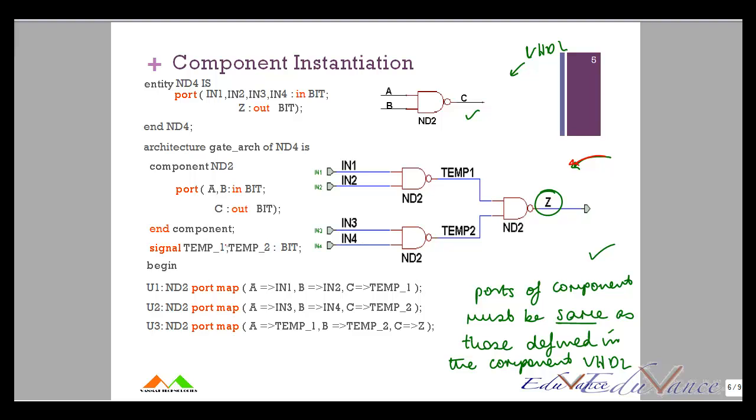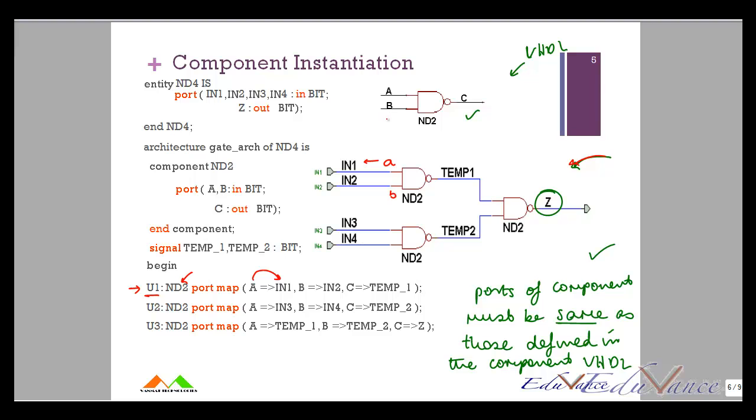How to use this NAND gate as a part of your design to actually give us this circuit. So first I need to define my signals that will form my internal connections, and this is how I would do it. First I would have my instance name, which is U1. Then I would have my component name, which is ND2. So this is the first time that I'm calling on ND2, where my port A is mapped to my input in1.